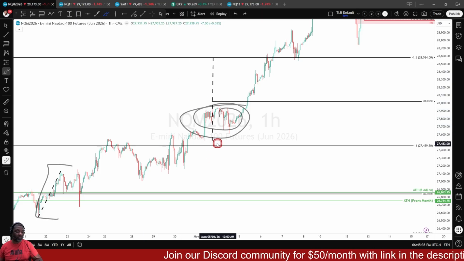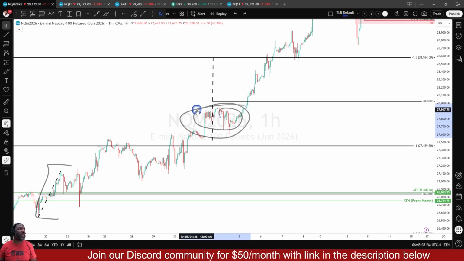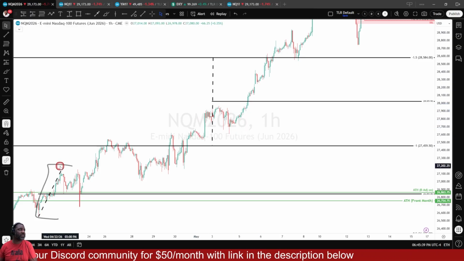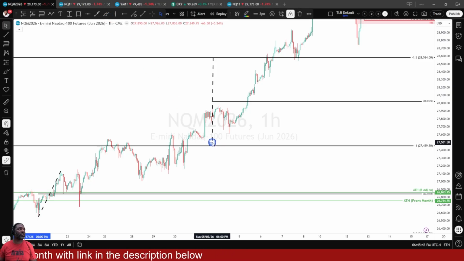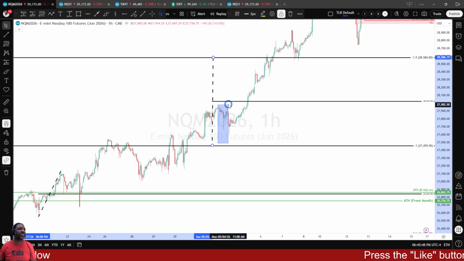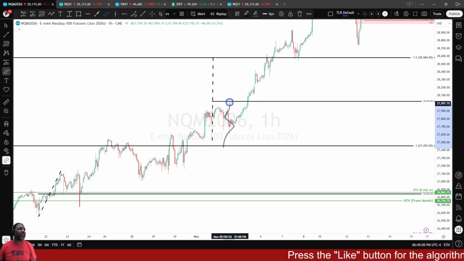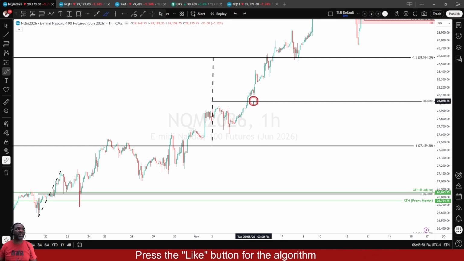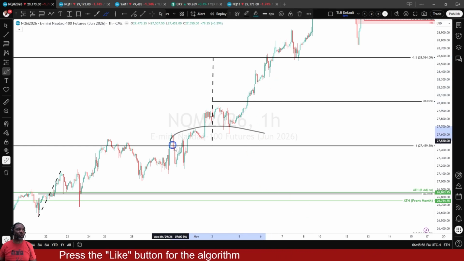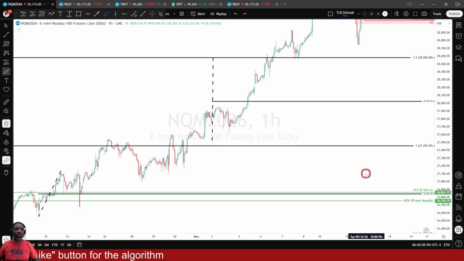We said when you're below event horizon, you're looking for price to draw into it and possibly use it as resistance. And when price gets above event horizon, you want to see price escape the gravity of the PD array below and just float up into the next PD array.